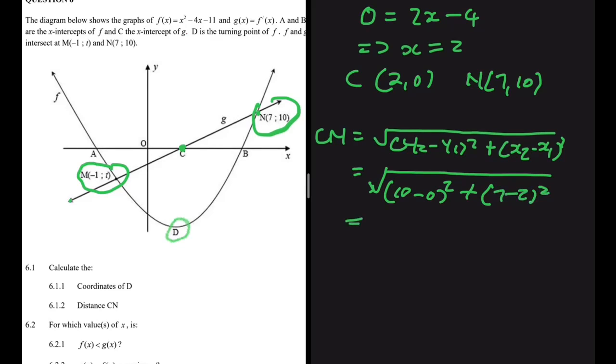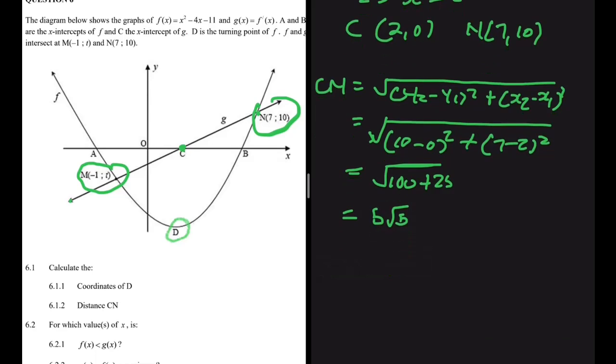So this will be equal to the square root of 10 squared, which is 100, plus 5 squared, which is 25. If you put that in your calculator, you should get 5 square root of 5. So the distance cn seems to be 5 square root of 5. And now we can move to the next question.